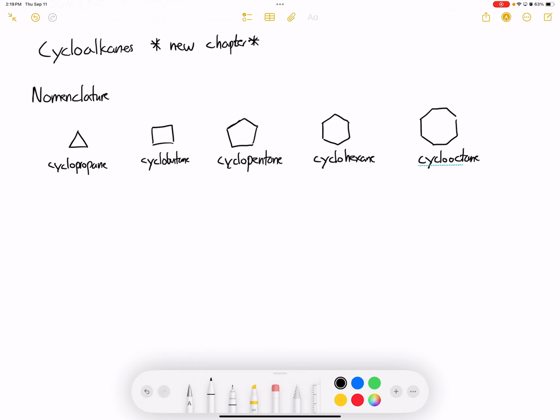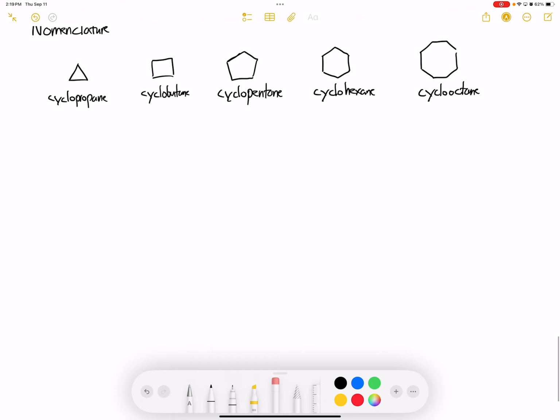I mentioned cyclooctane because we can actually perform what we call biomimetic reactions outside of living things. So cyclooctane is pretty important in that regard. But anyways, let's go over nomenclature for simple substituted cycloalkanes.